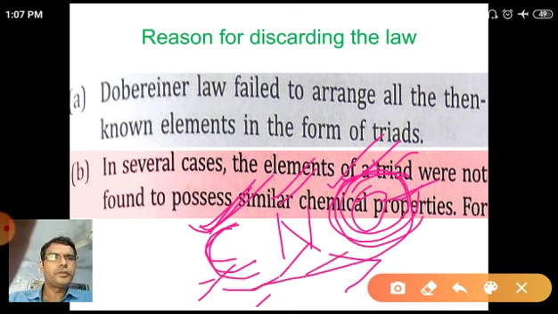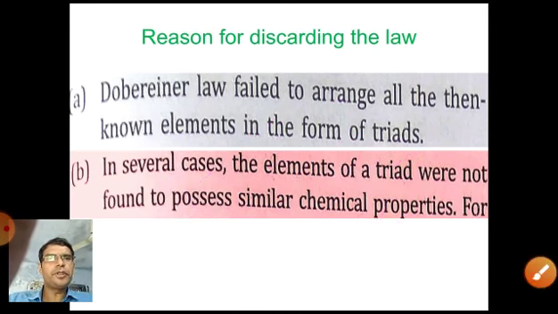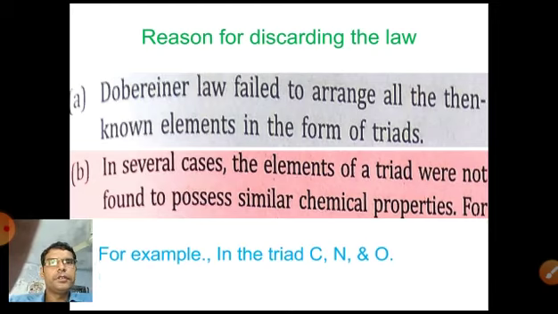So when these three elements are arranged according to Döbereiner's triad law, their physical and chemical properties are different from each other. Carbon has valency 4, nitrogen has valency 3, oxygen has valency 2. So their physical and chemical properties are different. So arranging these three elements according to Döbereiner's law fails.